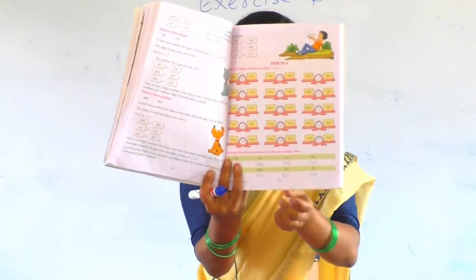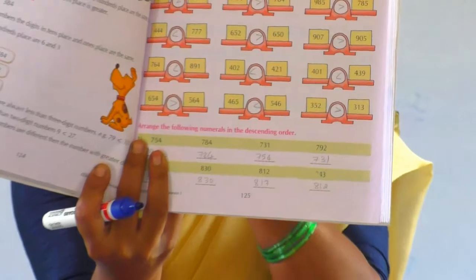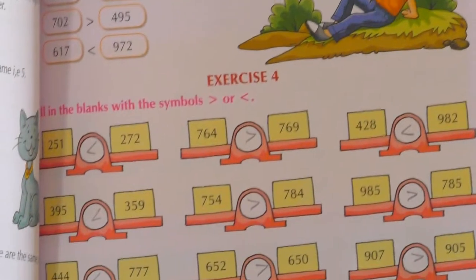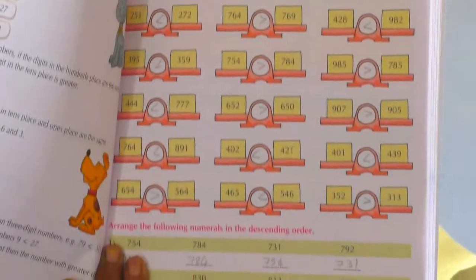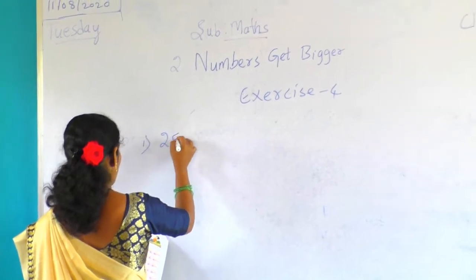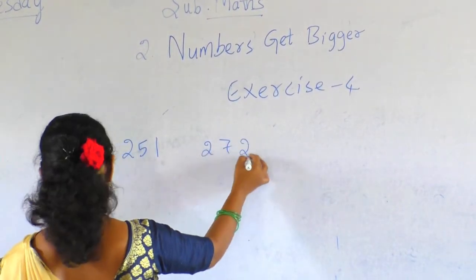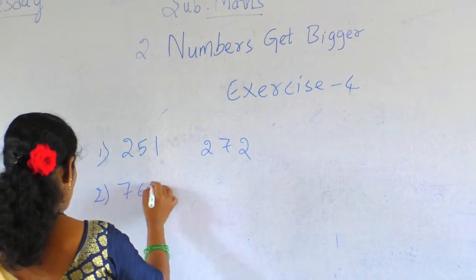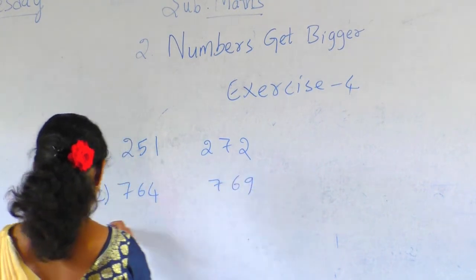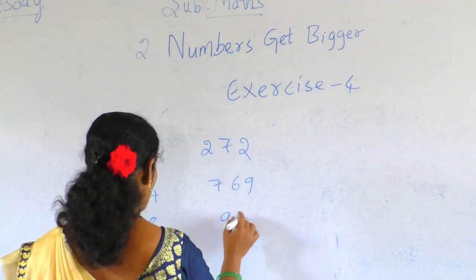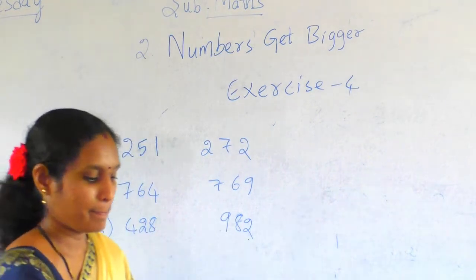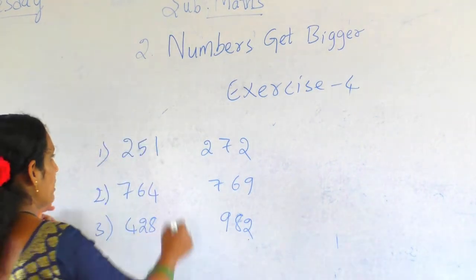Will you do it yourself? First one I will show you. 251 and 272. Second, 764 and 769. Third, 428 and 982. Here you see they have given a box.